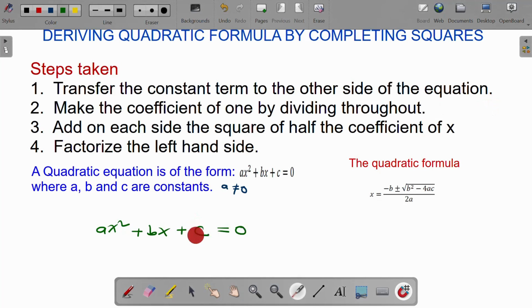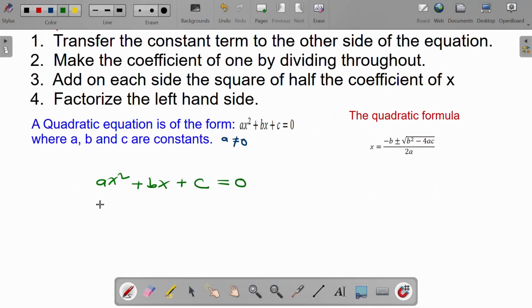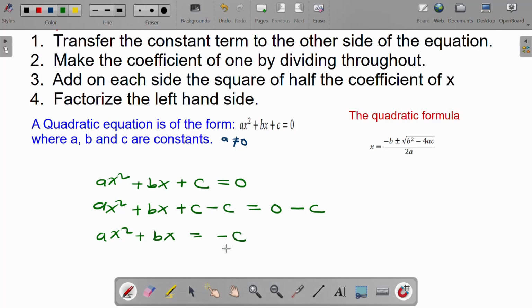We are going to transfer this c, which is the constant in this equation, to the right hand side. Now we have ax squared plus bx plus c minus c equals 0 minus c. So we have ax squared plus bx equals negative c.